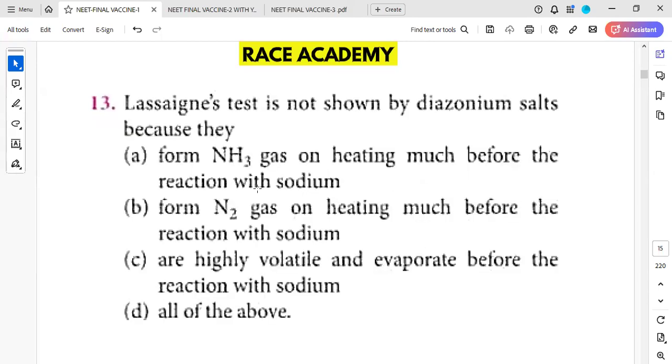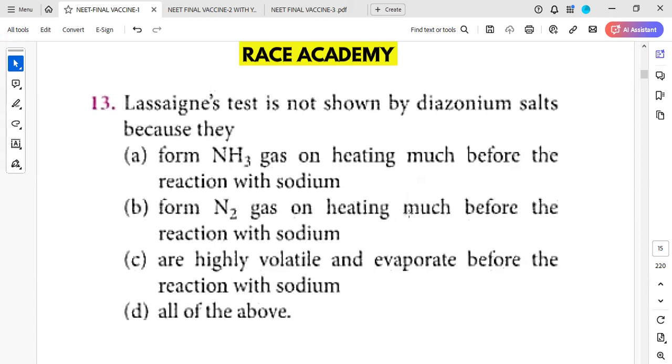Next. Lassaigne's test is not shown by diazonium salts. What is the reason behind that? One point is very clear: Lassaigne's test is used to detect extra elements like nitrogen. Diazonium salts are not shown by Lassaigne's test as they form nitrogen gas upon heating, much before the reaction with sodium.